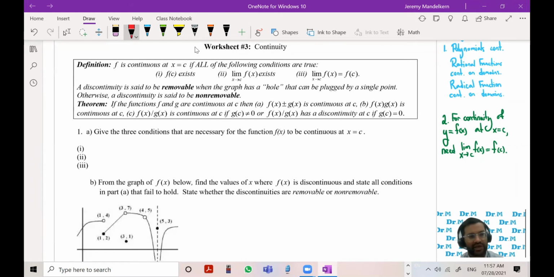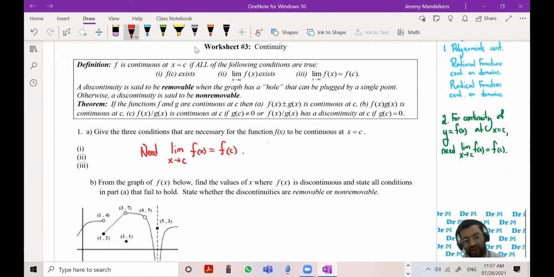It reads, give the three conditions that are necessary for the function f of x to be continuous at x equals c. So the way we'll answer this question is we'll write simply this definition for continuity at x equals c. We need the limit as x goes to c of f of x to be equal to f of c.